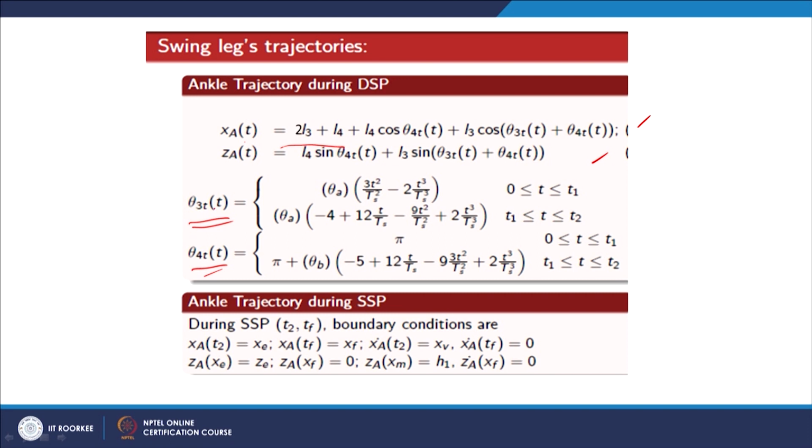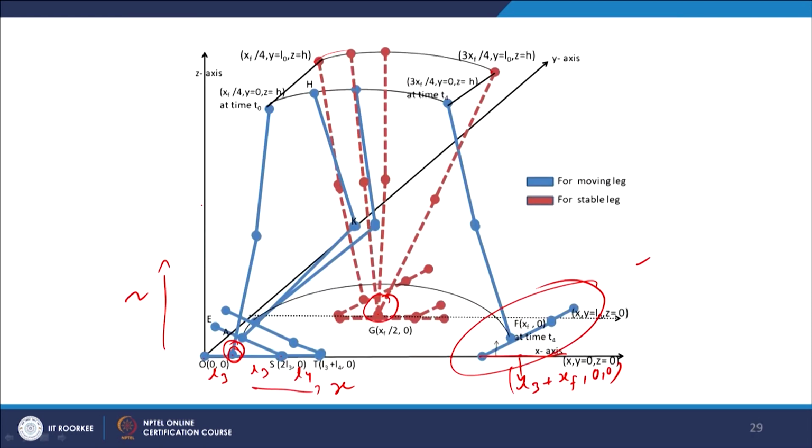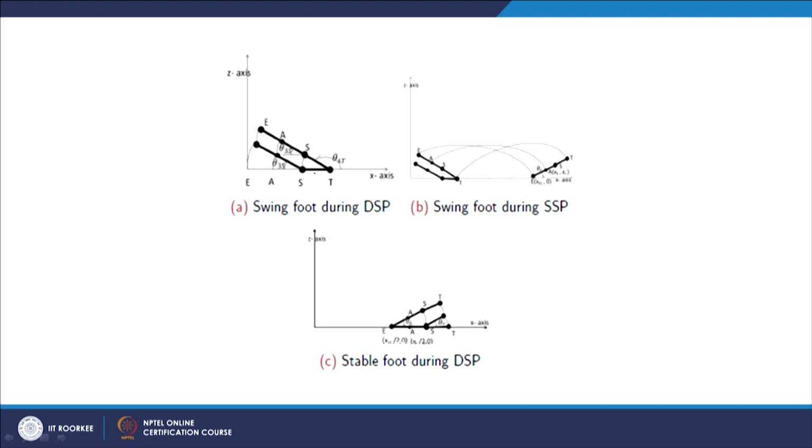Here this can be explained a little bit. This theta 3 t is given by this particular thing. Initially the foot is on the ground, it is coinciding with the ground. This is E, S and tau. Then after some time the heel rises from the sole, and then the toe to sole is also rising.